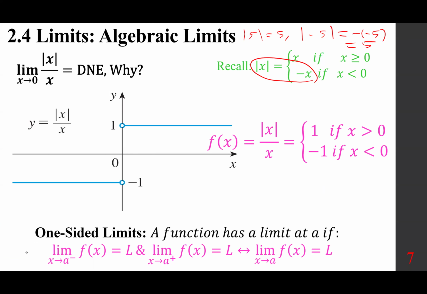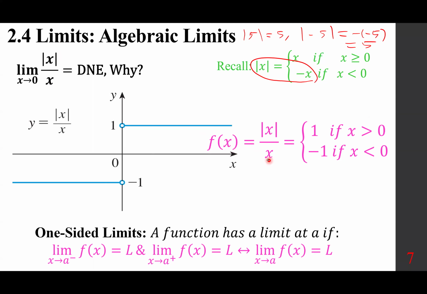Now, the function f of x is absolute value of x over x, this function. If x is larger than 0, this can be replaced with x divided by x, which is 1. And if it's less than 0, this can be replaced by minus x over x, which becomes -1. And this has the equality. This one doesn't, because you're looking at a function with the denominator x.